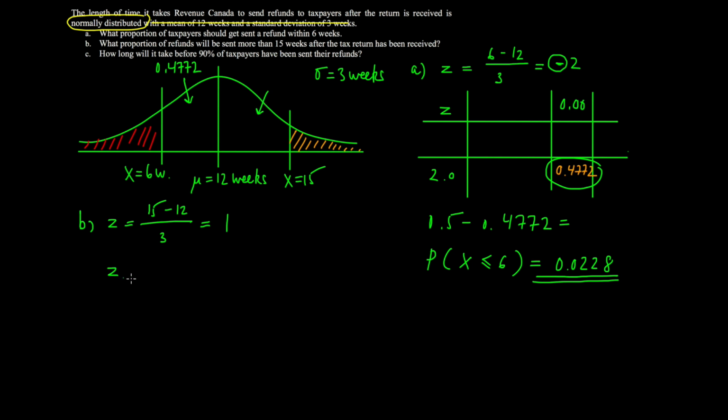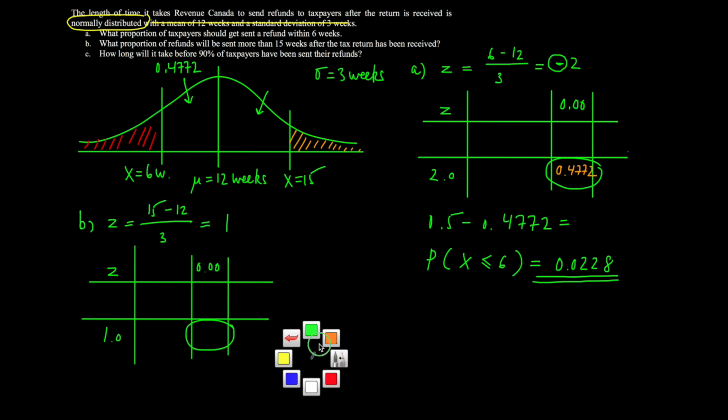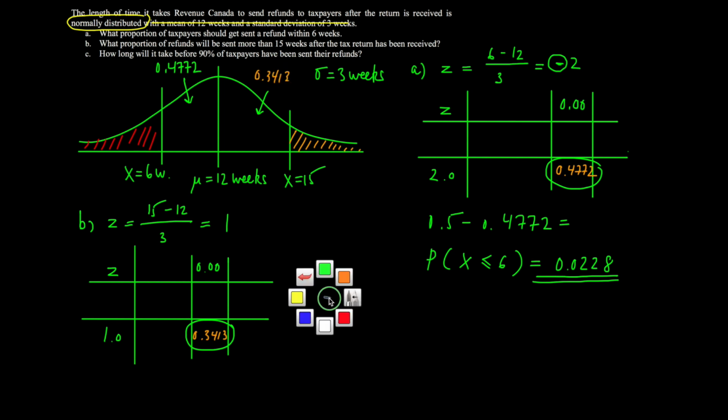Okay, so in the z-table, we're going to look for the cross between 1.0 and 0.00, and we've already found this one before, 0.3413. That's that right there. Are we done?